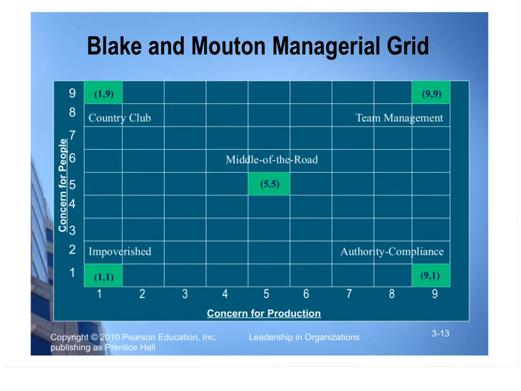Okay, so basically, as I said, this slide is mostly focusing on your response to production versus your response to people.